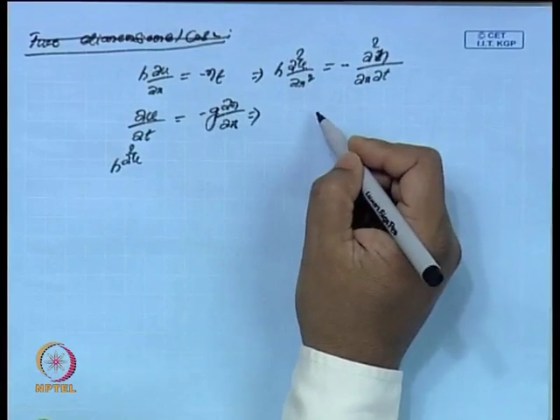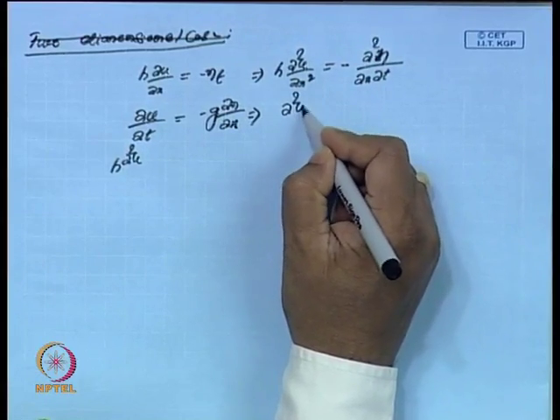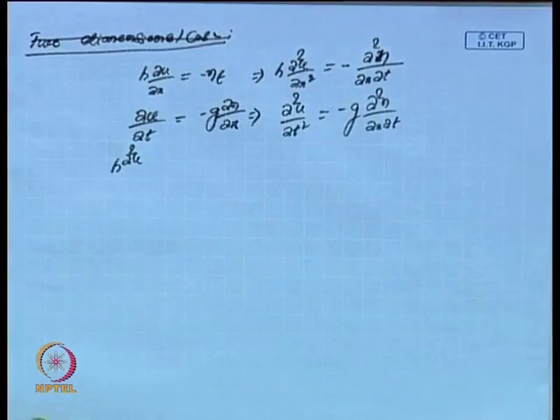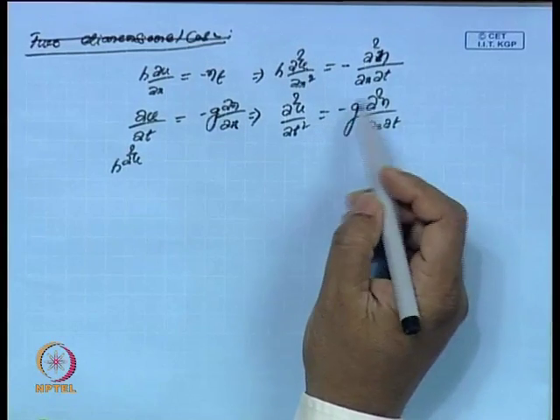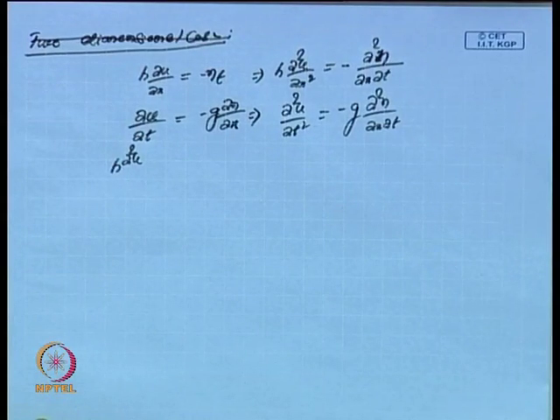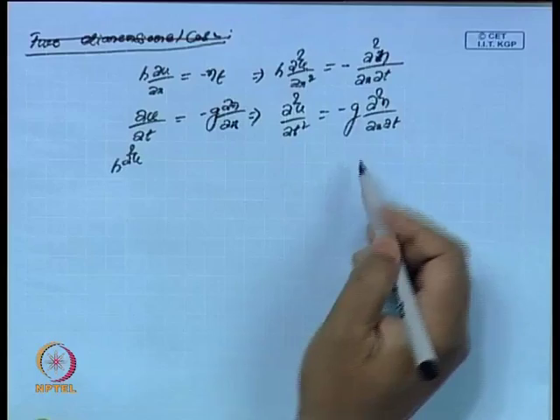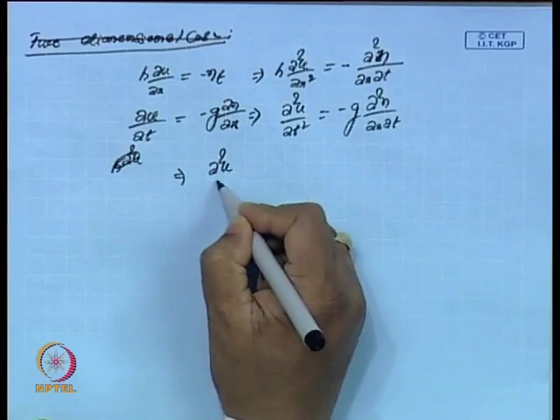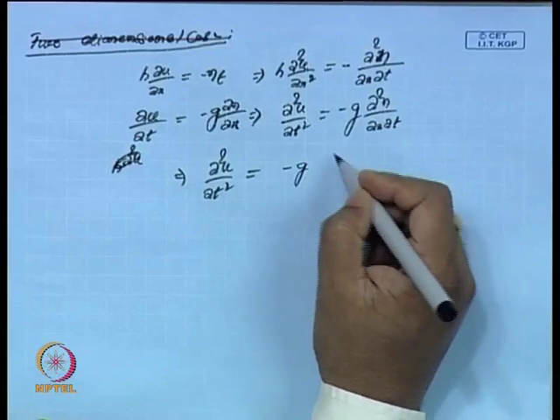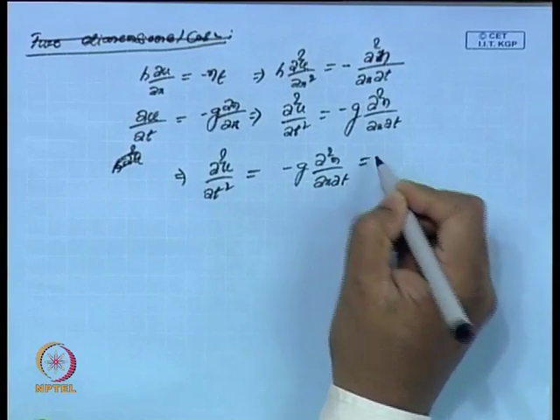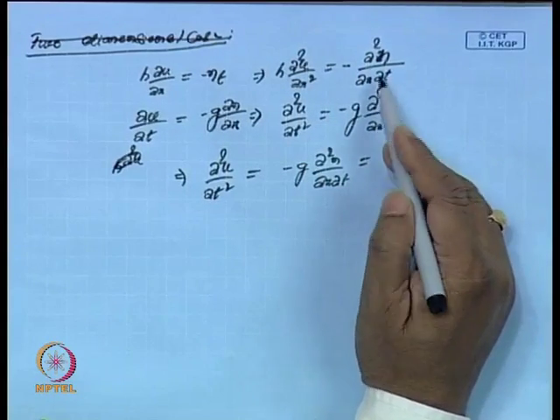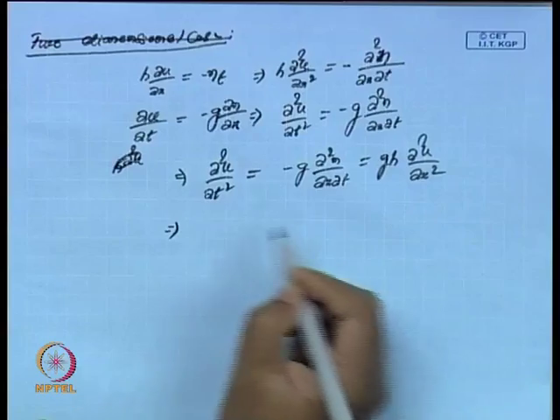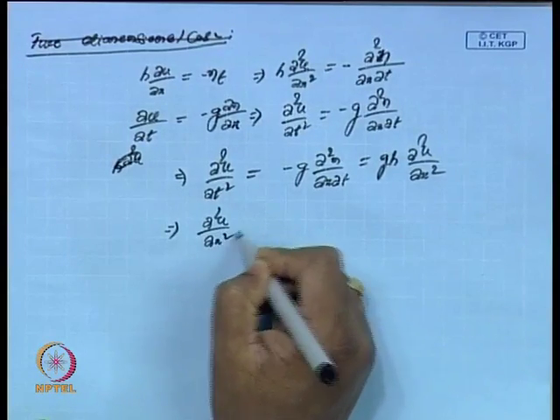So, which implies if I combine these two, I will say del square u by del t square is equal to minus g into del square eta by del x del t, and this is the same as g h del square u by del x square, and simplifying this we will get del square u by del x square times 1 by c square.